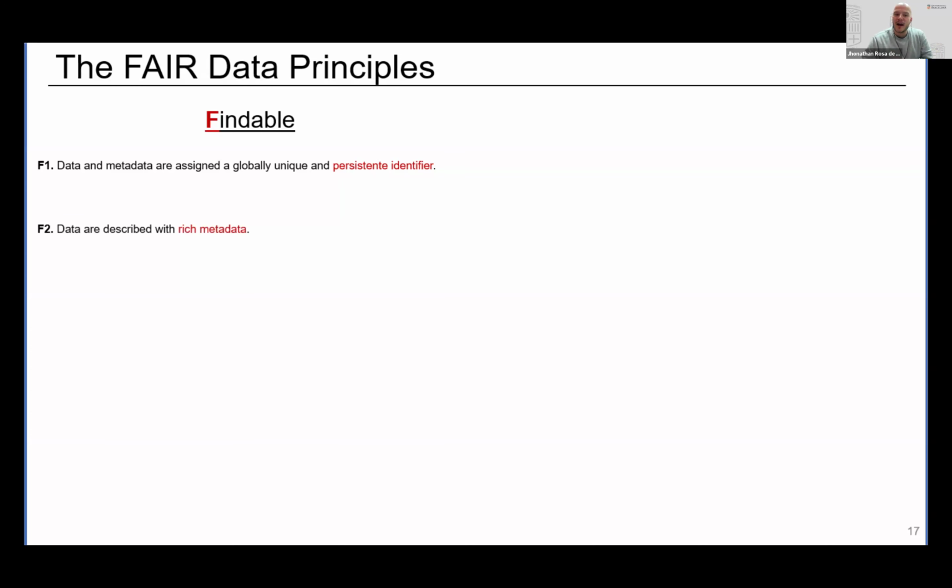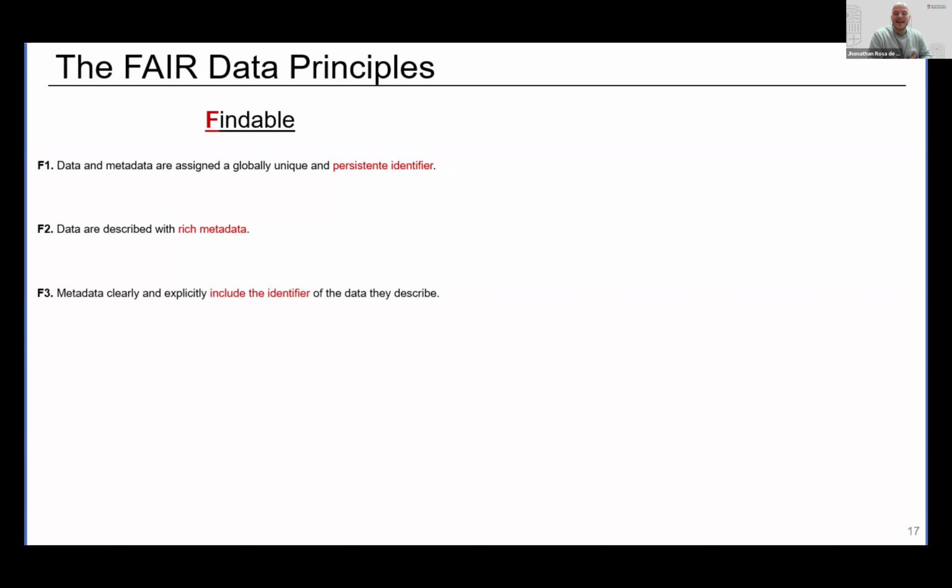The second findable principle is that data are described with rich metadata. It's a good practice to write metadata with a lot of information, so make rich metadata for your research.